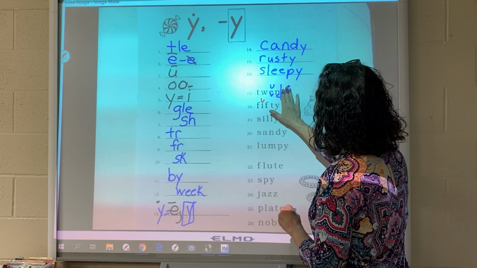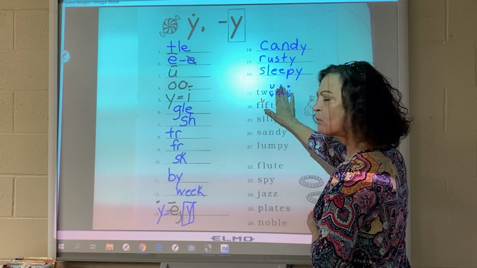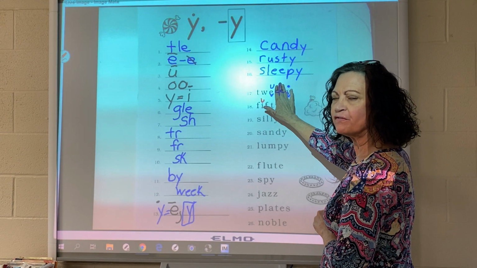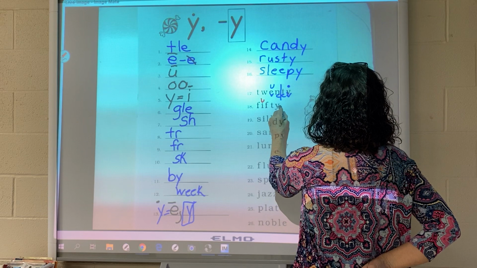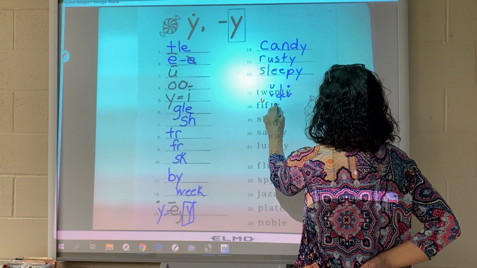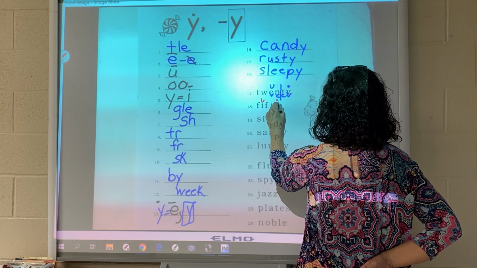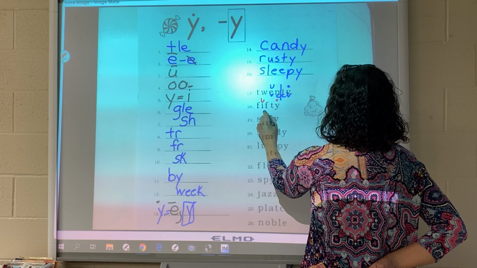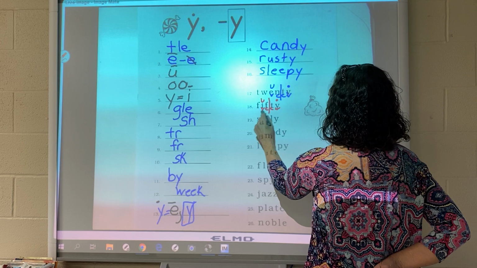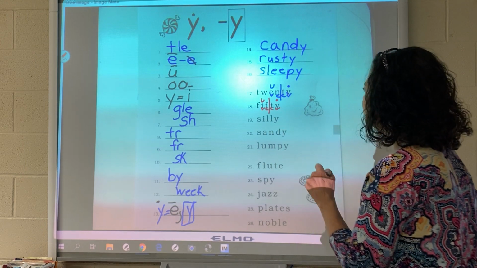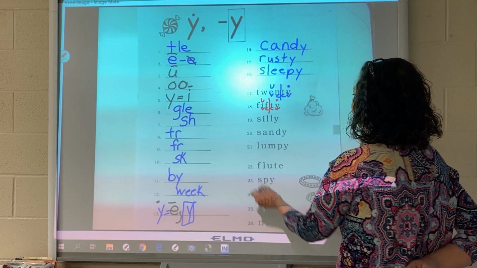Fifty. If I take that Y away, do I have a root word? Fift. Is that a word? No. So that is acting as a vowel, E, and I code it and split the word. 50.